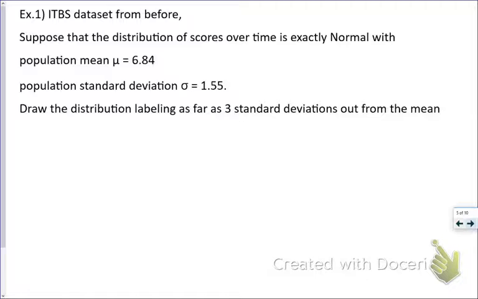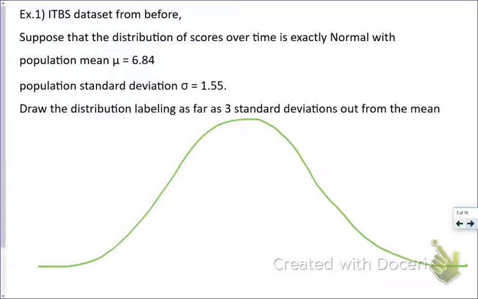So draw for yourself a big bell curve, and then mark the mean. I'm going to call that the mean, and that is 684. Then I'm going to label standard deviations to the right and to the left. I'm going to guess that's about 1 standard deviation. That's 2. Try and make them equidistant.